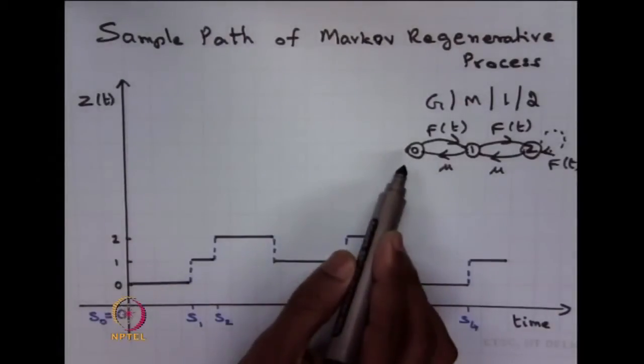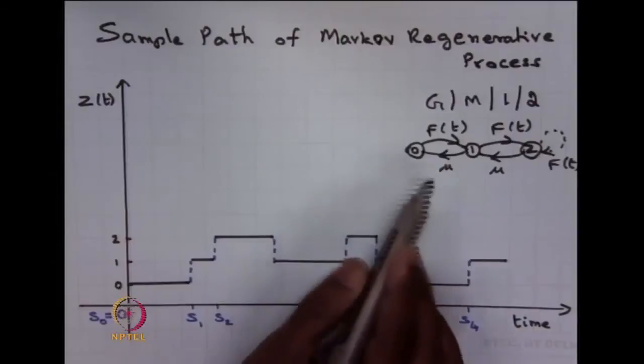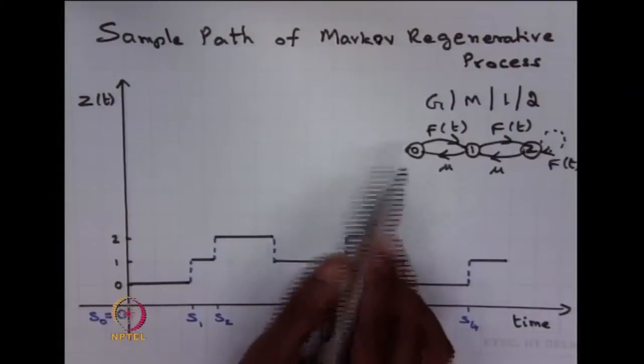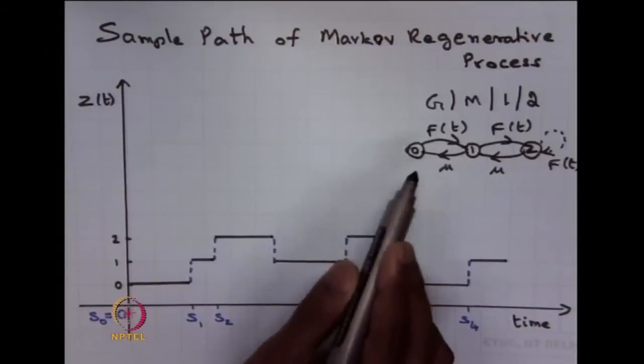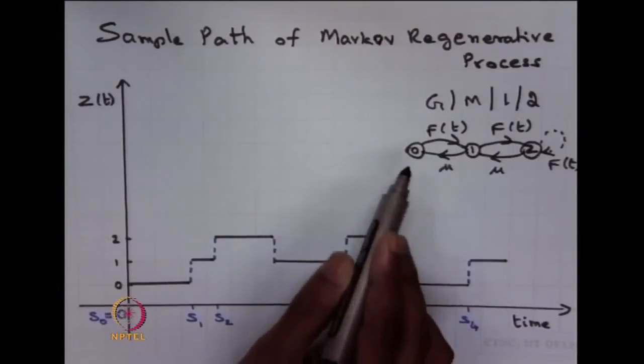If it is exponential distribution, then the memoryless property is satisfied. Therefore, the residual or the elapsed or the remaining inter-arrival time is also exponential if inter-arrival times are exponentially distributed.